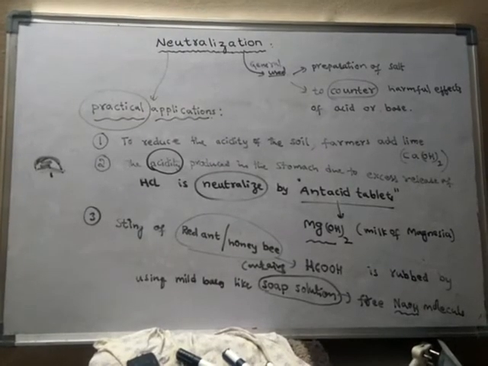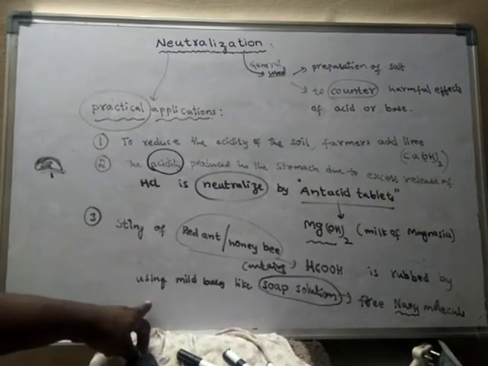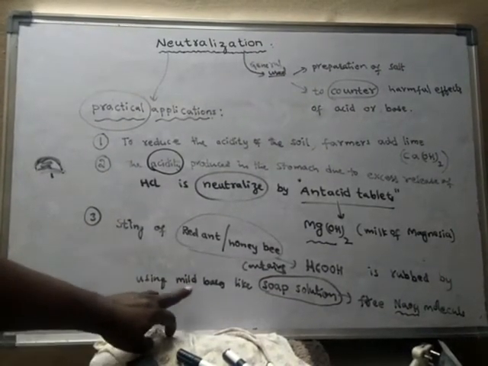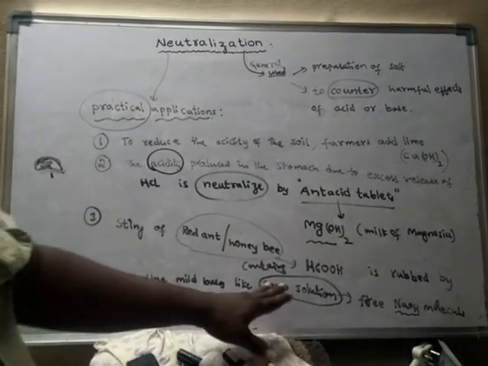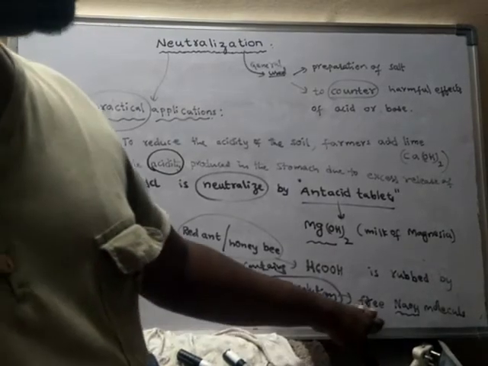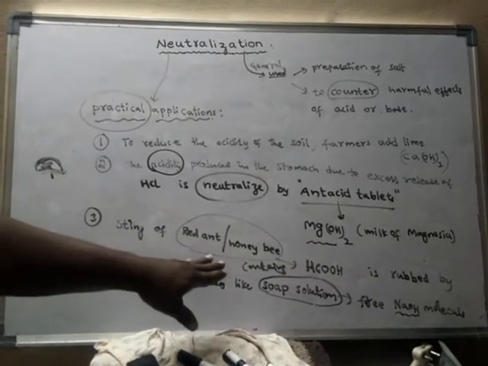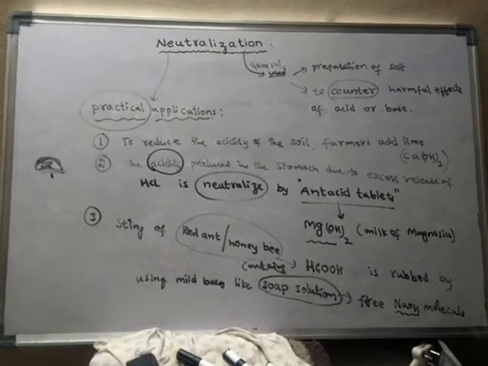So immediately we have to rub that area using mild bases like soap solution. As the soap solution contains a base, it will immediately neutralize the harmful acidic effect caused by red ants or honeybees, so that we get relief from the pain.